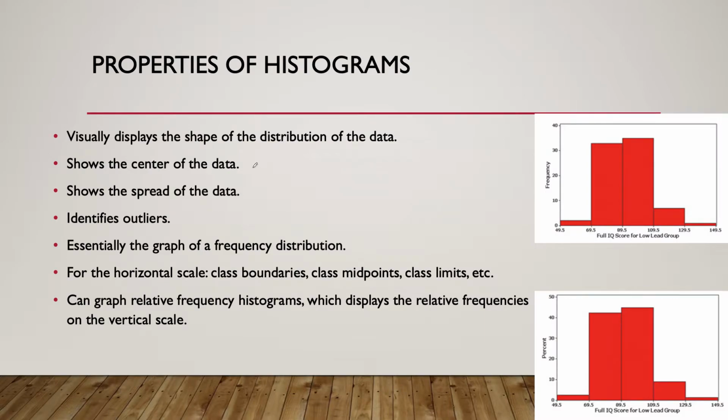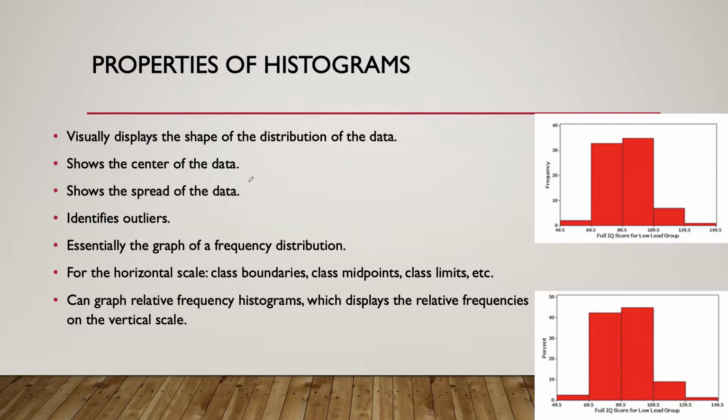And when it comes to these histograms, they visually display the shape of the distribution of the data. It shows the center, for the most part, shows the spread of the data, identifies any outliers, essentially the graph of the frequency distribution, for the most part.